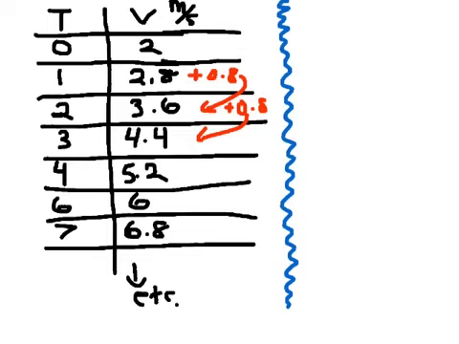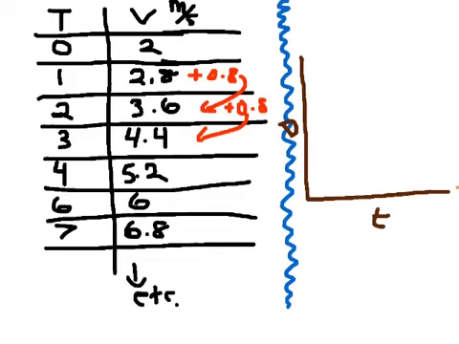Of course, if I graph this, and we'll do it in brown, because we don't use brown a lot, if I were to look at a graph here with my time, what would this graph look like? Since you're gaining velocity, here's our first point. At 1 second, we've got the 2.8, and then we've got the 3.6, and the 4.4, and the 5.2, and the 6.8.